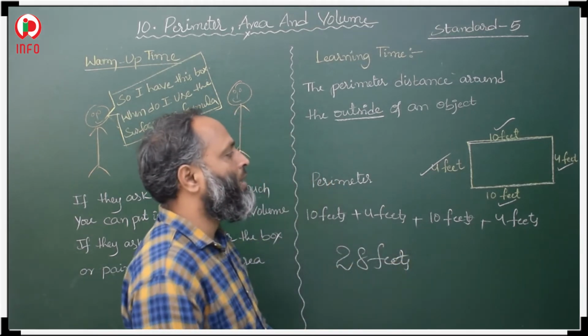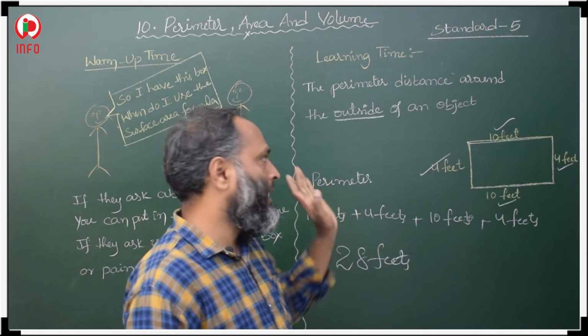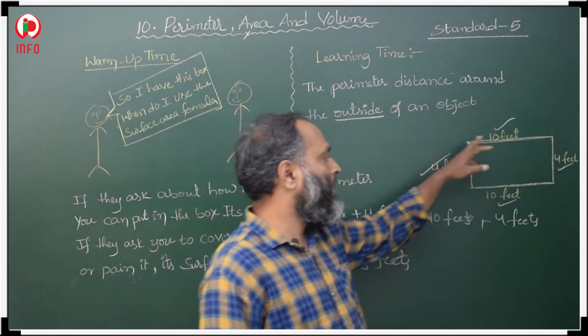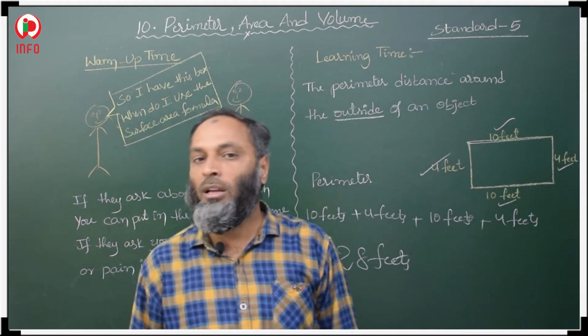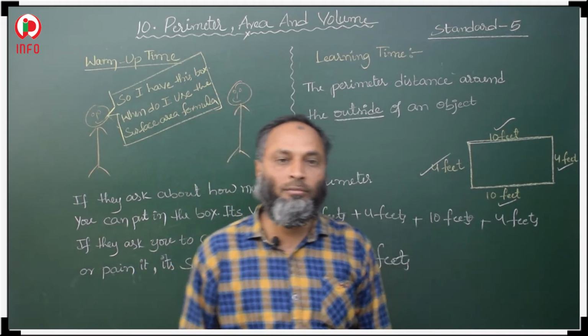So this is the total distance around. Whatever the total distance around the object, that is the perimeter. Okay.